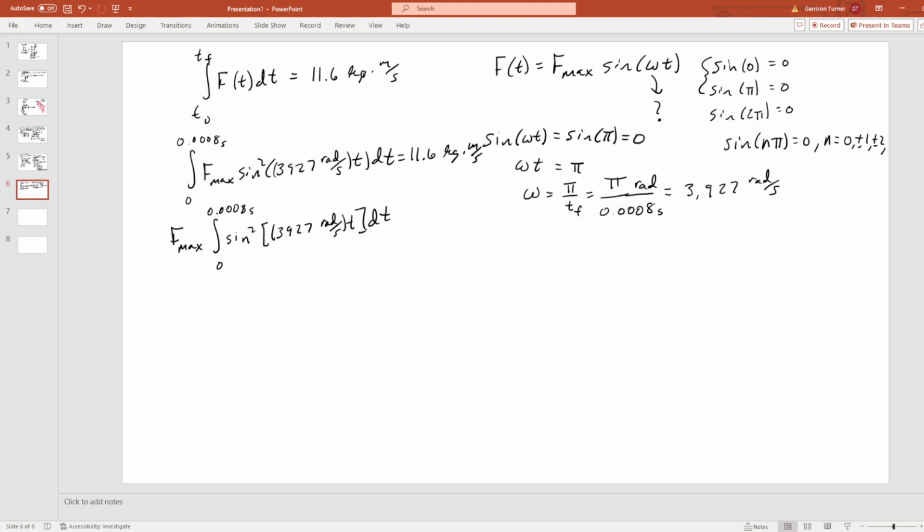And then we just need to integrate this sine squared function. Now at this point, I would recommend using a computer, okay? However, there is a neat trick that you can do, all right?